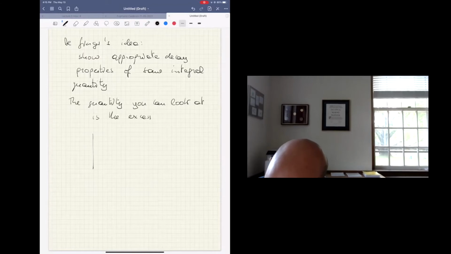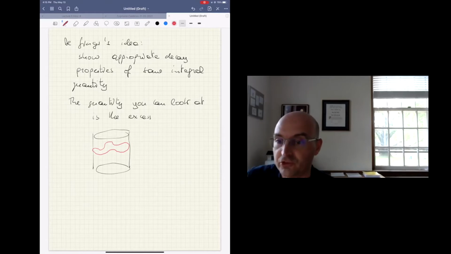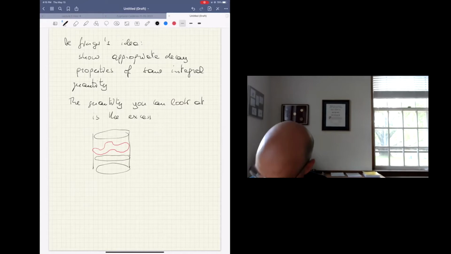Now, in the simple situation in which you are a graph over a cylinder, the excess is the difference between the area of the surface of the graph, or the area of the surface of the current if the surface is making folds, minus the area of the base of the cylinder.